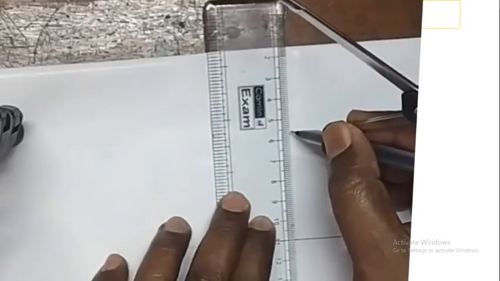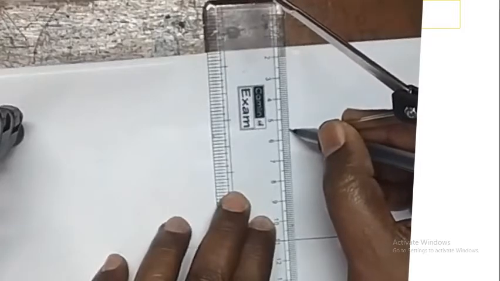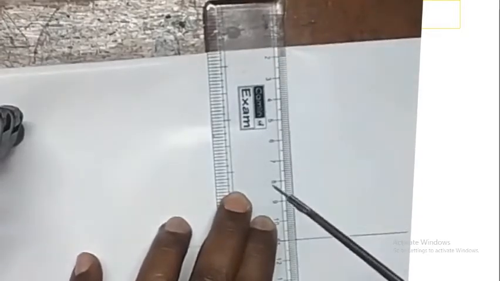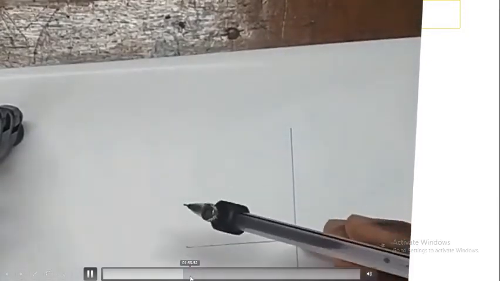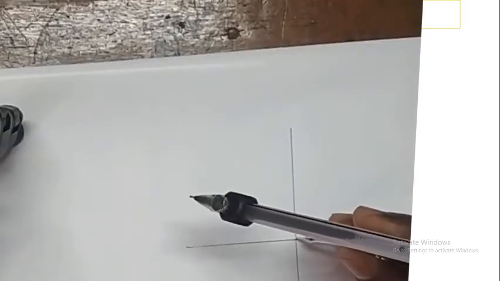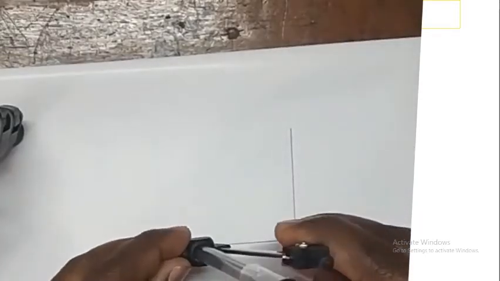Then we are taking the measurement, 5.58 from the central position. We are taking the radius 5.58 and drawing a circle.